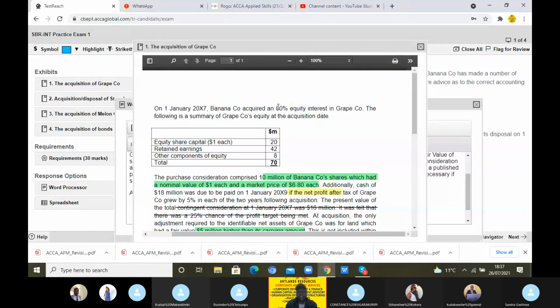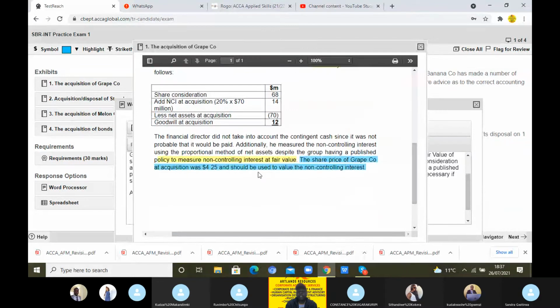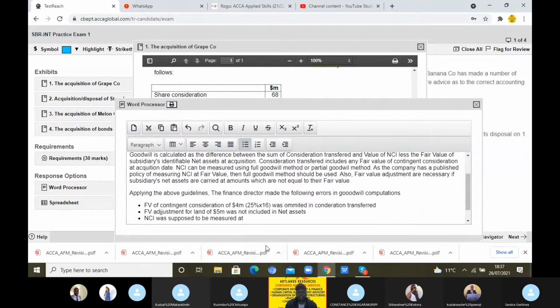Where is that written here? Banana acquired 80% of Grape. So NCI is 20% of 20 million shares, and they are being measured at fair value, which is $4.25. So they were measured at 20% of 70. Now we want to measure it at 20% of 20 million times $4.25.